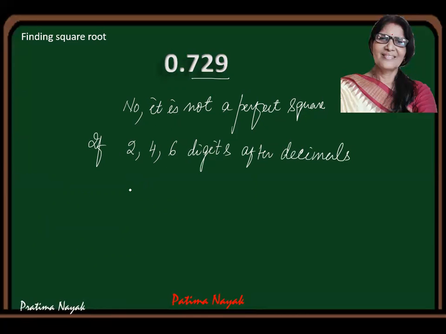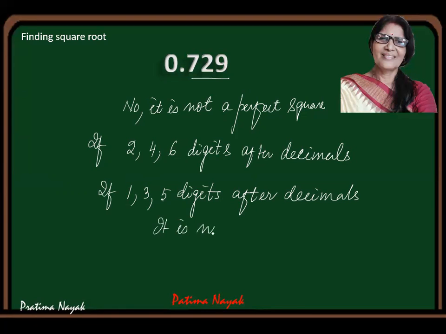Otherwise, if it is 1, 3, or 5 digits after decimal, then it is not a perfect square.